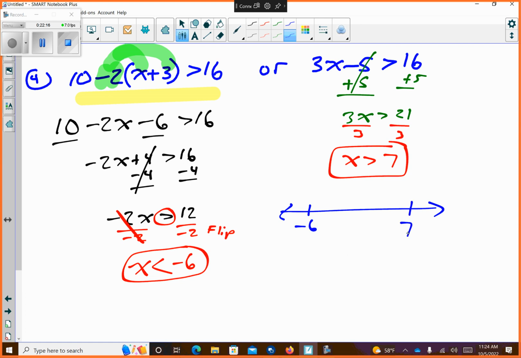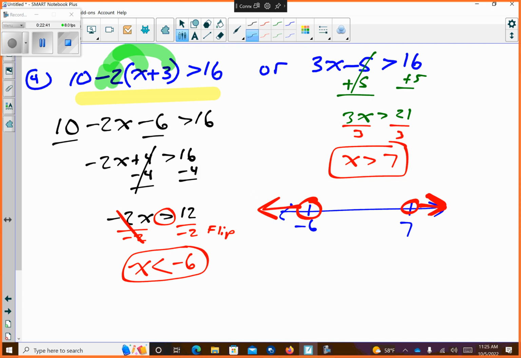Do you agree with those? All right. So, this is going to be an open dot going this way. And this is going to be an open dot going this way. Do you feel comfortable that this is an OR problem? Hey, friends, if this was an AND problem, what could you tell me the solution would be? No solution. All right, all right, all right.